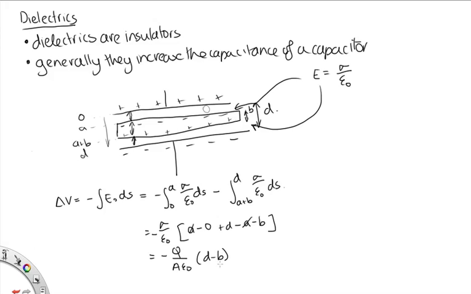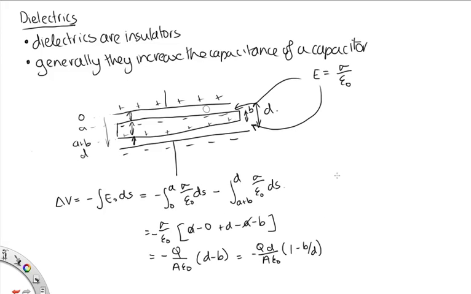Whereas before we just had a d here. So we could actually write this as Q d over A epsilon naught with a minus out the front, and we can write this as 1 minus b on d. So it's like the original delta V, but times this factor here.